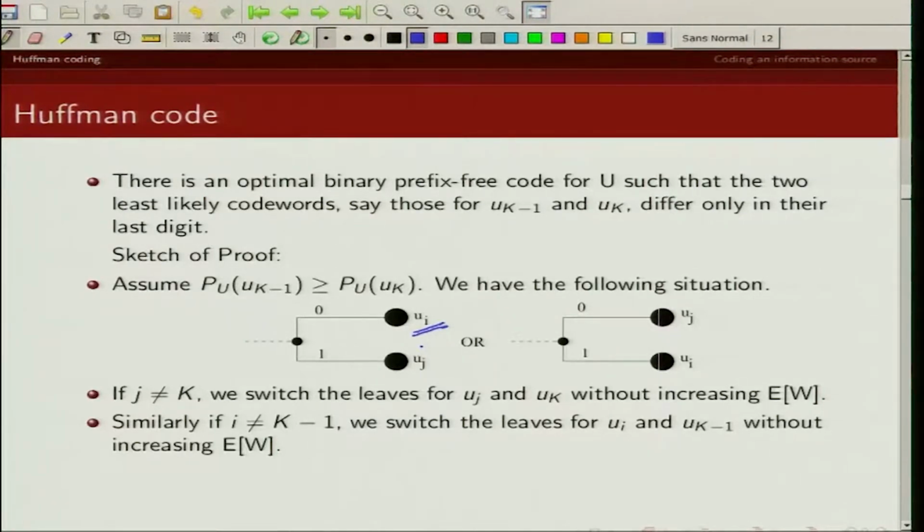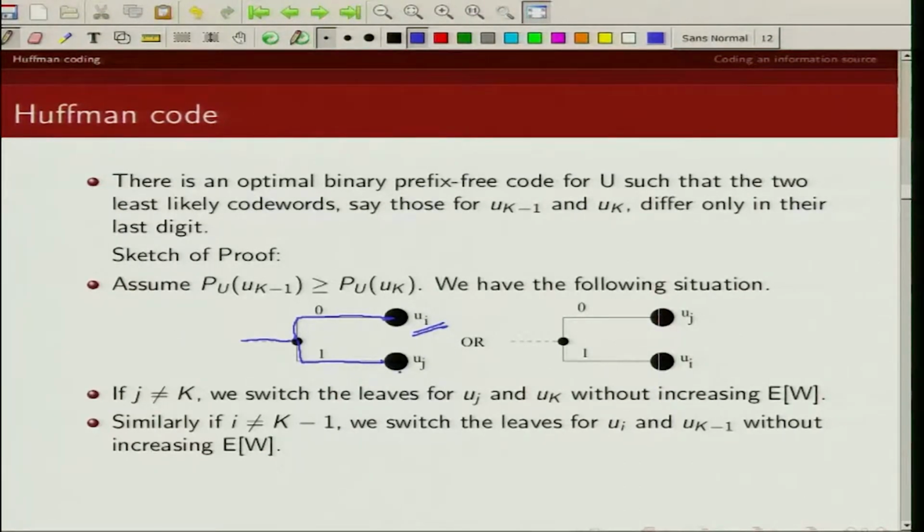Hence, we can say that if they are coming out from the same node, then these two code words will differ only in their last digit, because the path from root to this node is same for both these code words.